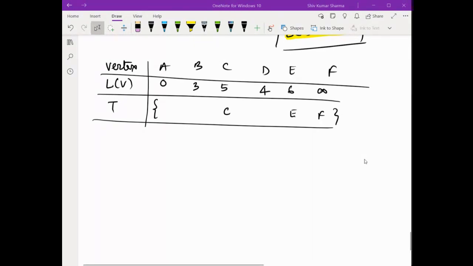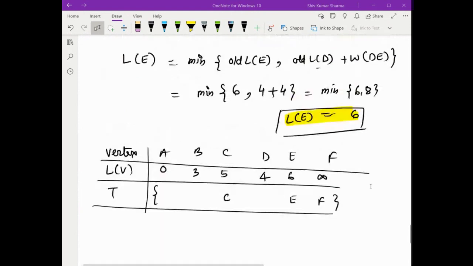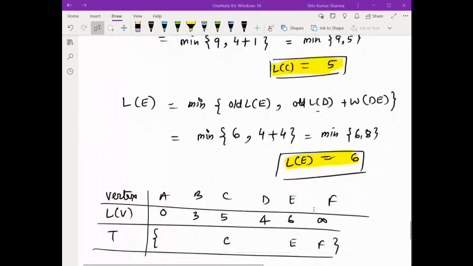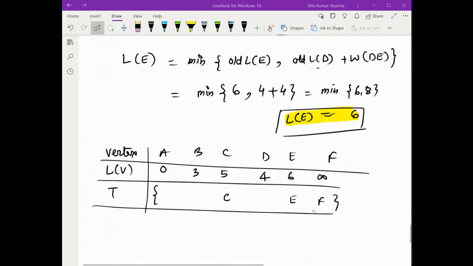Now we determine the leveling of C and E. We have to check which vertex has the minimum level. The minimum level vertex is C, which is 5.